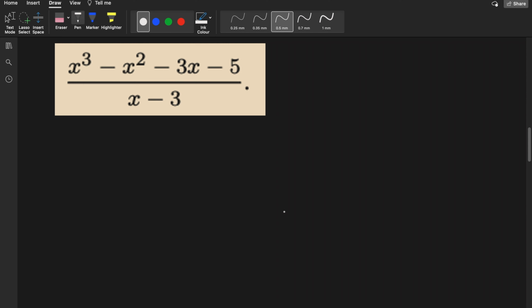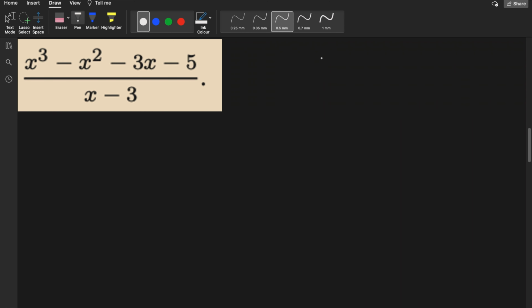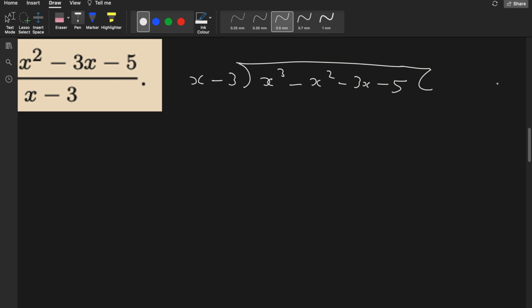And we'll see how to actually solve such a question. This method is called long division. You usually write the divisor over here, then write this symbol, and write the polynomial inside, and then close this.